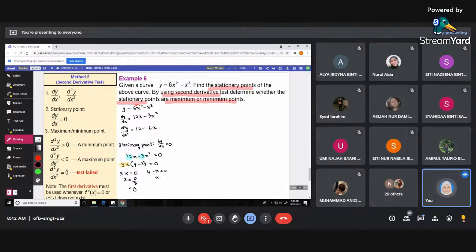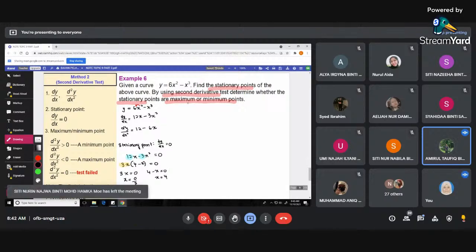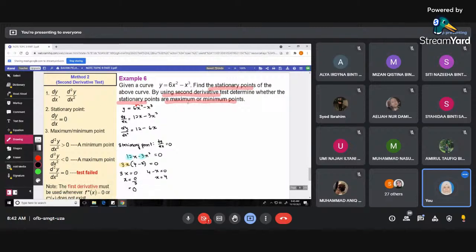X sama dengan 4. So you ada dua nilai x. First, x equal to 0. Second, x equal to 4.